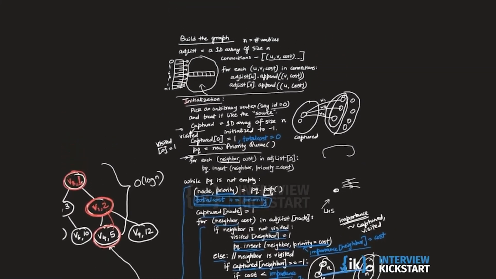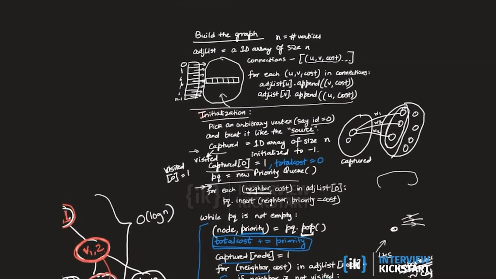So building the graph itself would have taken time order m plus n. Initialization and looking at the neighbors of the source vertex, inserting the neighbors into the priority queue would not have taken more time than order m plus n.